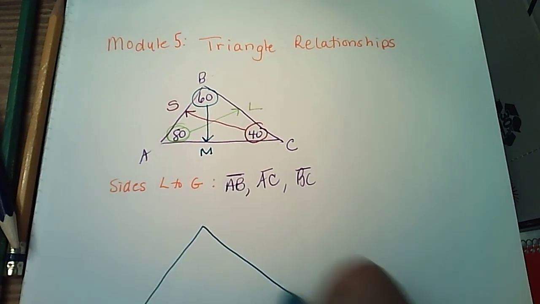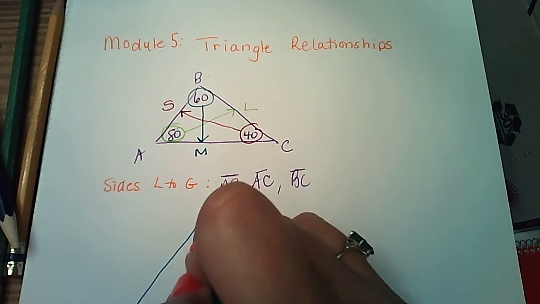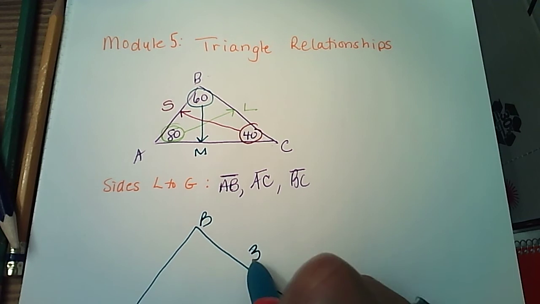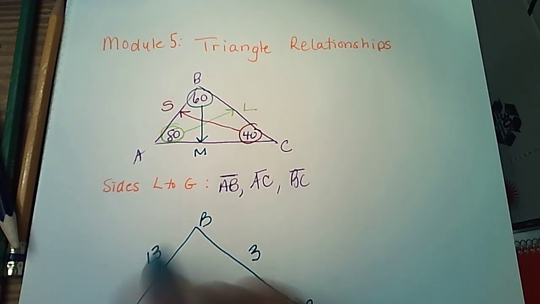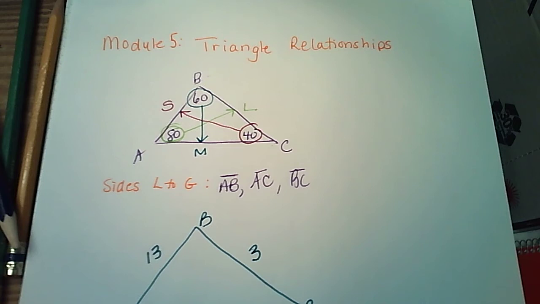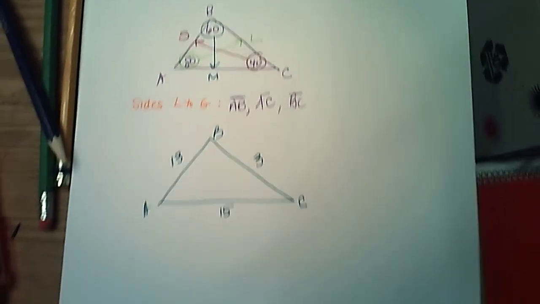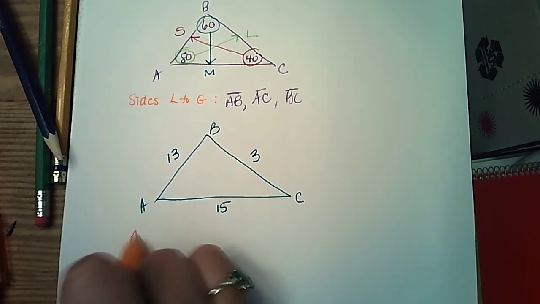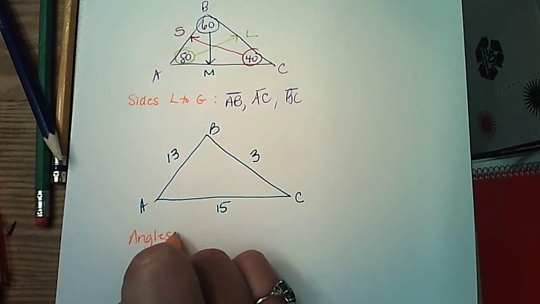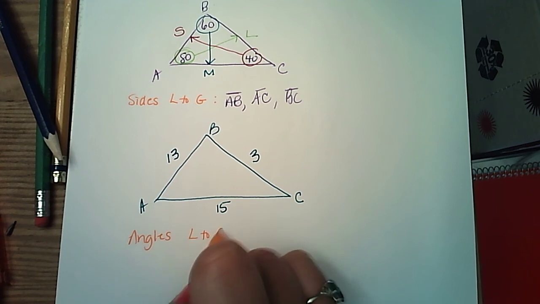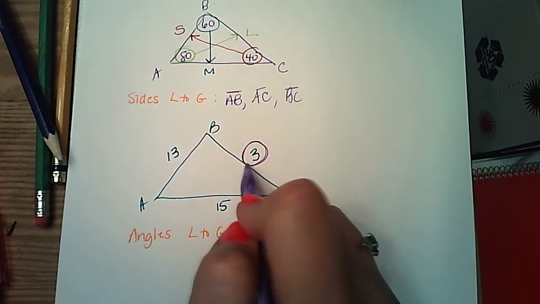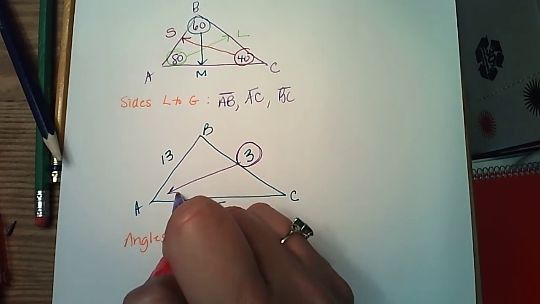We do the same thing when we're talking about a triangle based upon its side. So let's just say that this one's 3, this one's 13, and this one's 15. Now, if I want to order this one here by its angles, I don't have an angle measurement, right? But again, I'm just going to do least to greatest. But again, the sides determine the angle. So this tiny little side right across produces that angle.